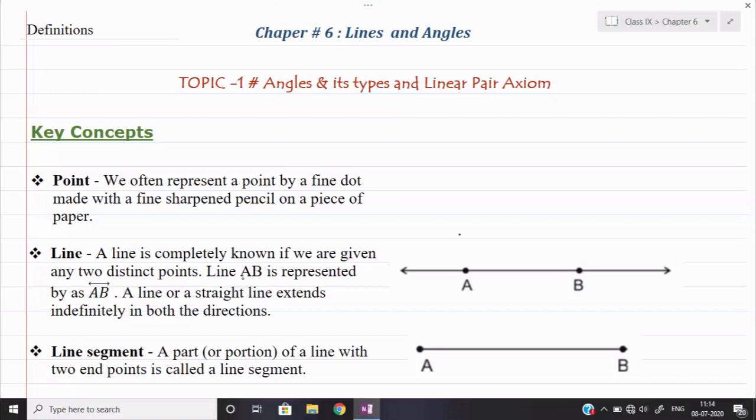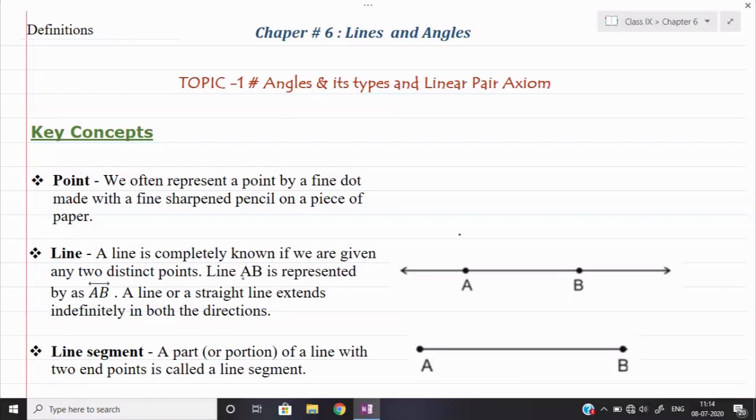So let us see the first definition that is in front of you. The first definition we are going to cover is point. The point definition is written over here. We often represent a point by a fine dot made with a fine sharp pencil on a piece of paper.